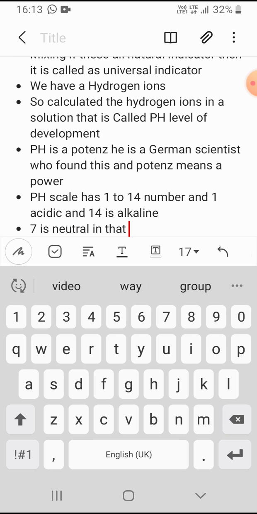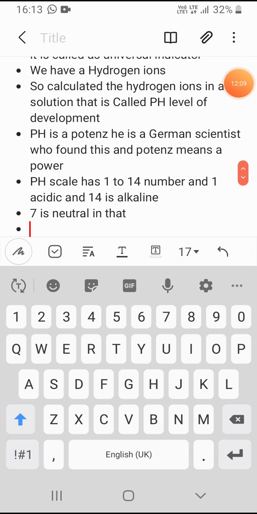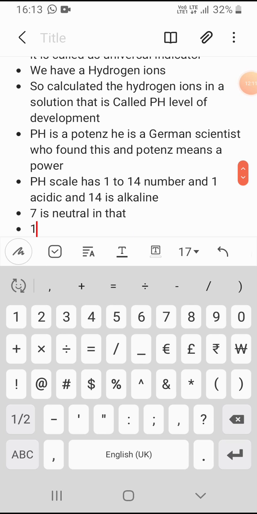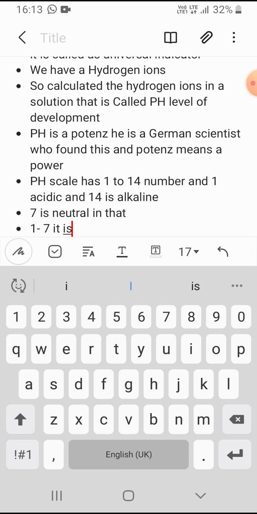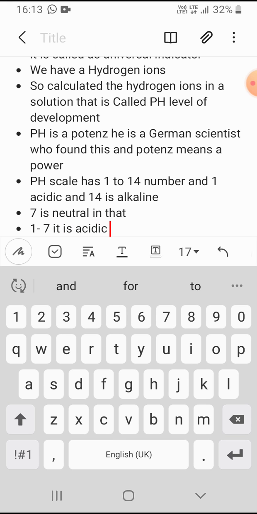If we get 7, then it is neutral. From 1 to 7 it is acidic, we can say. If we keep the universal indicator in any reaction and it shows any number from 1 to 7, then it is acidic.